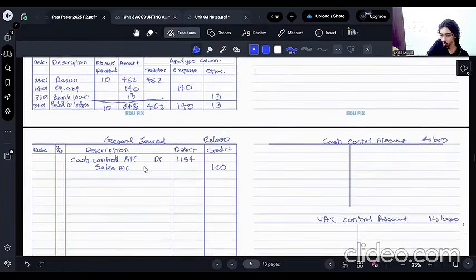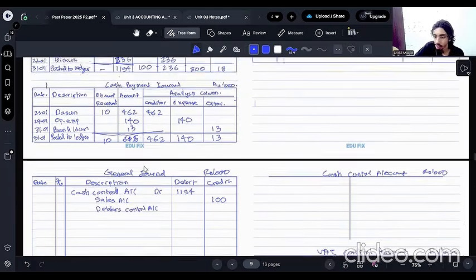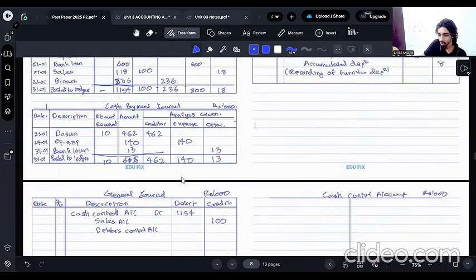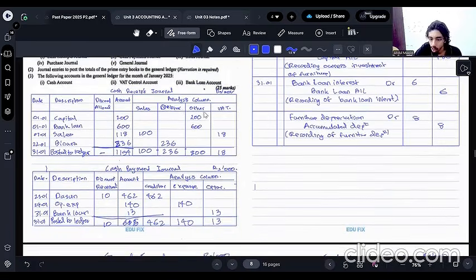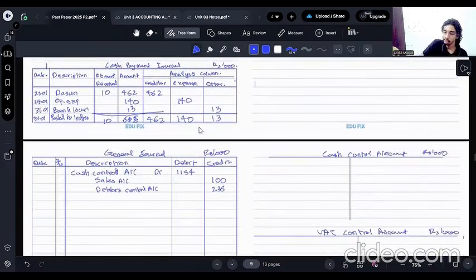Debtors control account will be credited by 236. In other column, you should show separately capital account and bank loan account. Capital account credit 200,000. Bank loan account credited by 600,000.